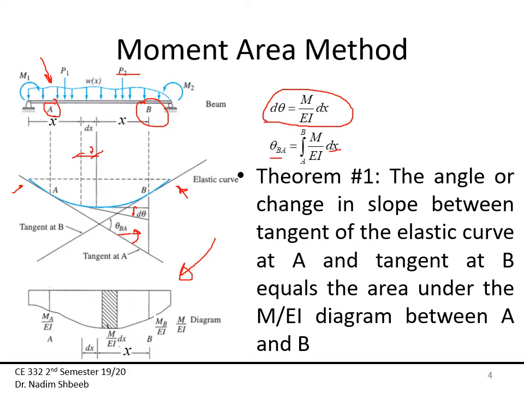So the first theorem of the moment area method is as follows. The angle or change in slope between tangent of elastic curve at A and tangent at B equals the area under the M over EI diagram between A and B. So all we have to do is calculate this area right here, and it will give me that angle over here.